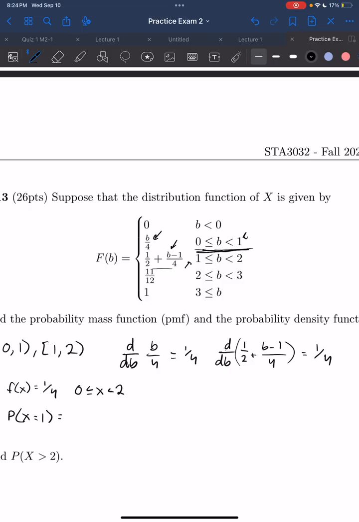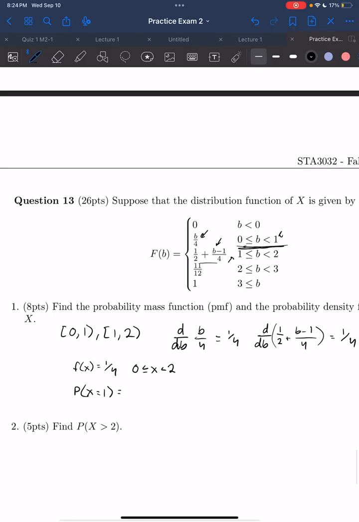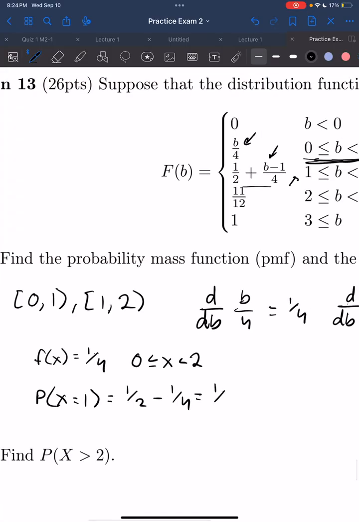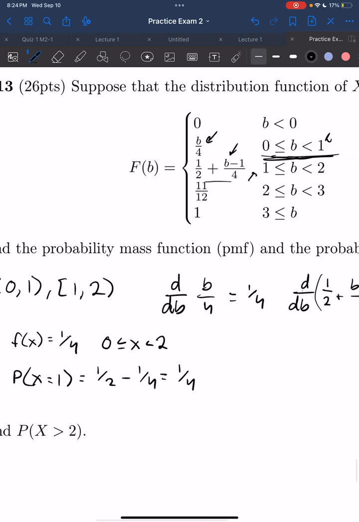And then if we just subtract, we can find the value at 1, if that makes sense. So if we plug in 1 here, we have 1 over 2 minus 1 over 4, and so that just gives the value of 1 over 4. And then we do the same for everything else.